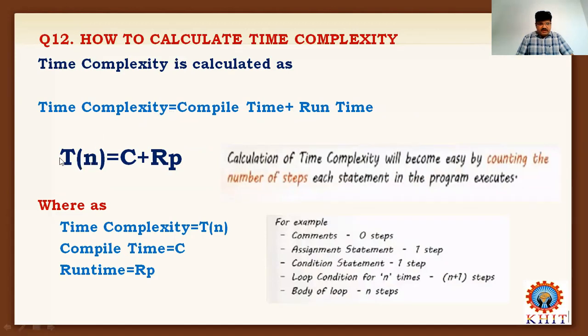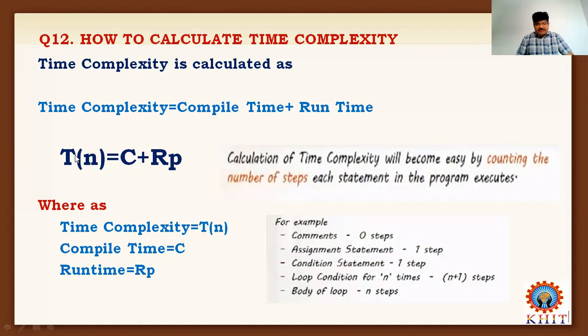For that, we can write a formula: T of n, the time required for an algorithm, is equal to C plus R suffix P. C is a constant that is considered as the compile time, and R suffix P is the runtime. So compile time of an algorithm plus runtime of an algorithm, finally we will get the time complexity of the given algorithm.